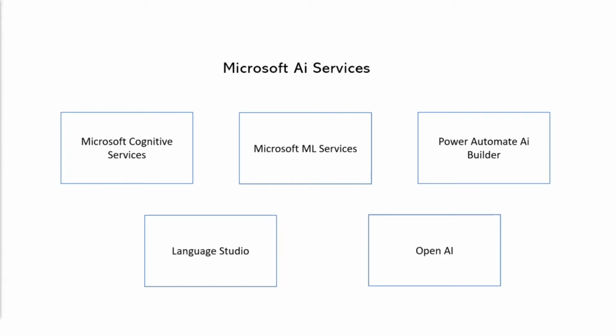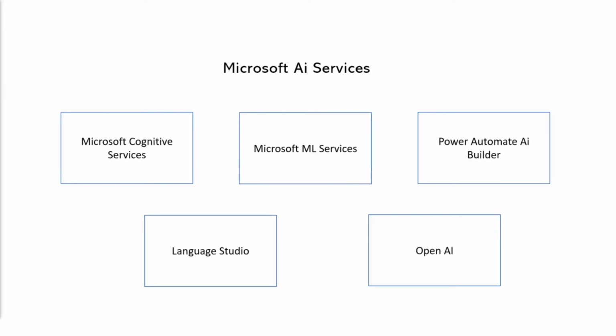If you look at the Microsoft Cognitive Services, these are pre-trained modules in different cognitive areas. As you know, cognitive means similar to a human being: language, speech, and even certain decision-making capabilities as well.